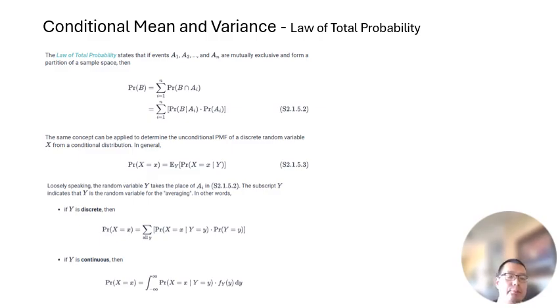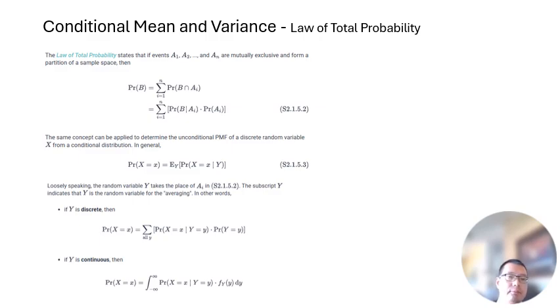If you are not familiar with this, the law of total probability states that if events A1, A2 until Am are mutually exclusive and form a partition of a sample space, then the probability of B is equal to the sum of the probability of B intersect with each of the Ai events, so i is from 1 to m.